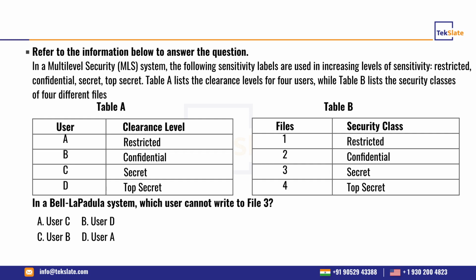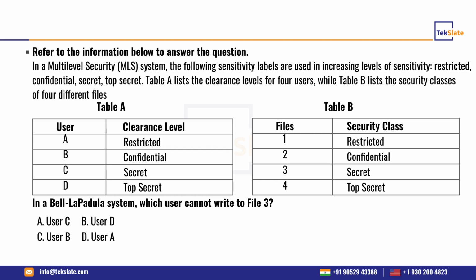In a multi-level security system, the following sensitivity levels are used in increasing level of sensitivity: restricted, confidential, secret, top secret. Table A lists the clearance level for users, while table B lists the security classes of 4 different files. So these are the files, and these are the clearance levels.